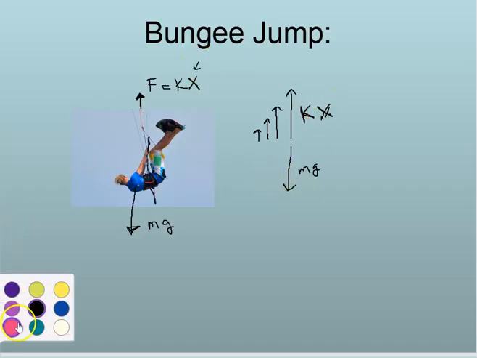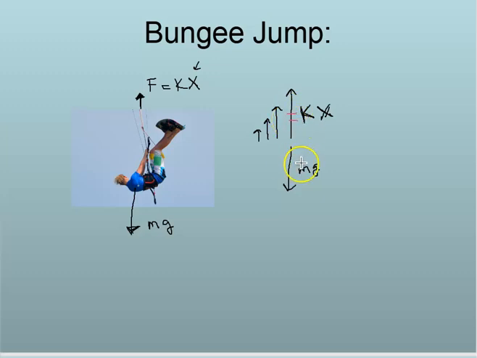All right, so remember at some point, these two equaled each other, which meant that for a split second, forces were balanced, so the acceleration was 0. But in the meantime, the bungee jumper had gained some speed, right? So they have inertia.